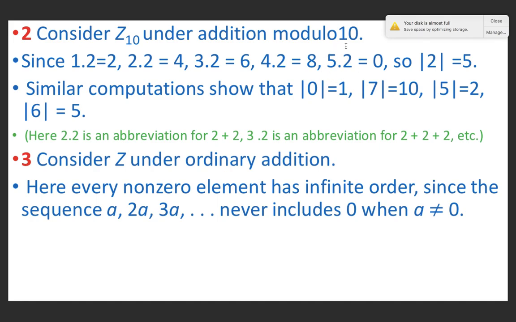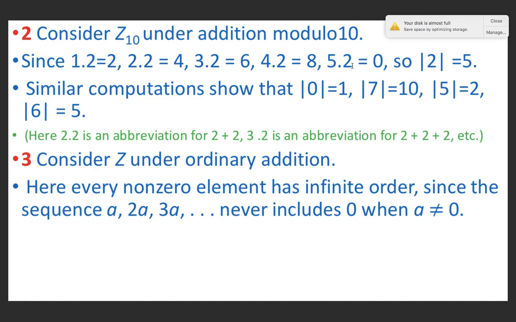If we divide 10 by 10, the remainder is 0, because the operation is addition modulo 10. 0 is the additive identity of this group, or simply the identity of this group. So we have reached the identity.